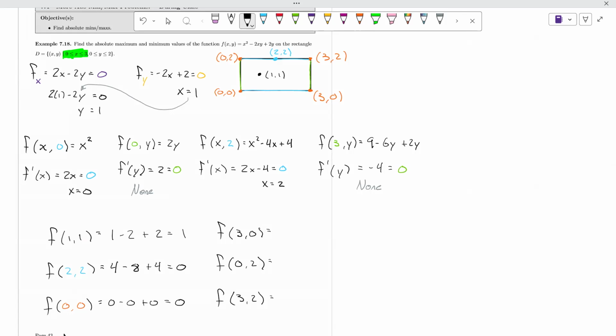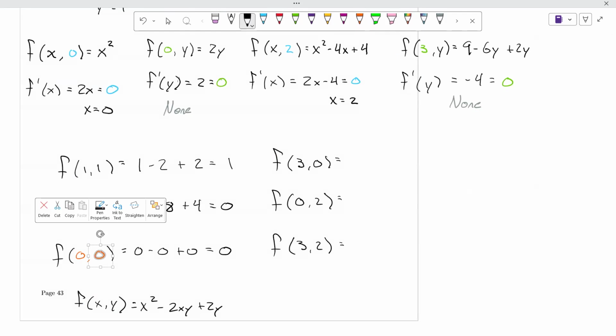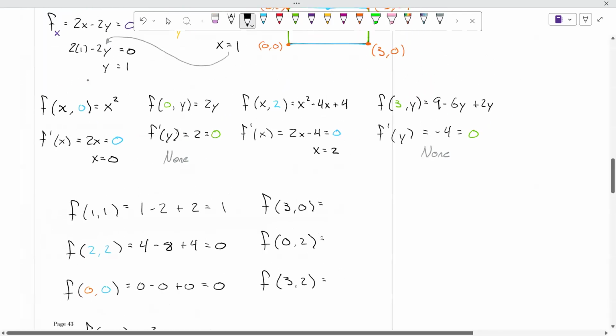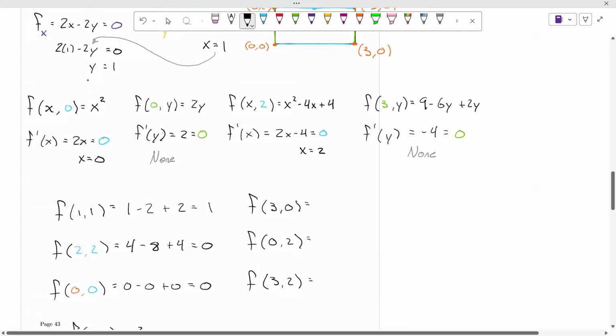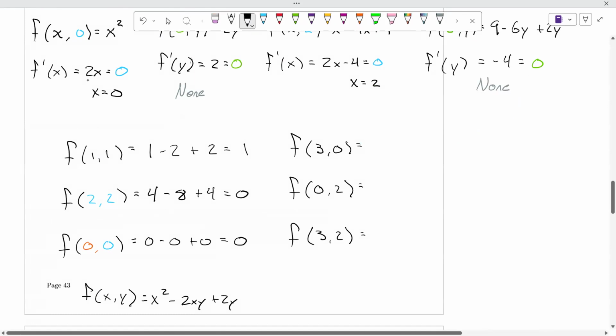So I went with orange for a boundary point because I got those first. But you're right. I think that could have been either orange or blue because it kind of fit on both. Maybe I should have put the X value in blue, but it's too late now. We've come too far. So let me go get those other points.